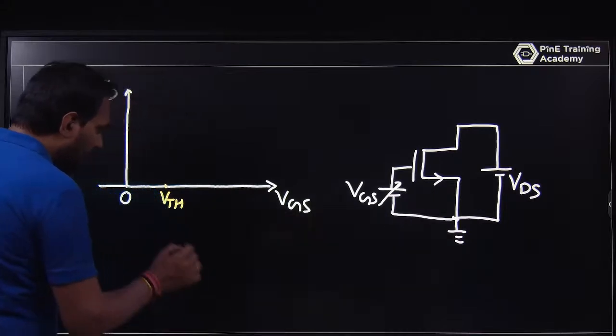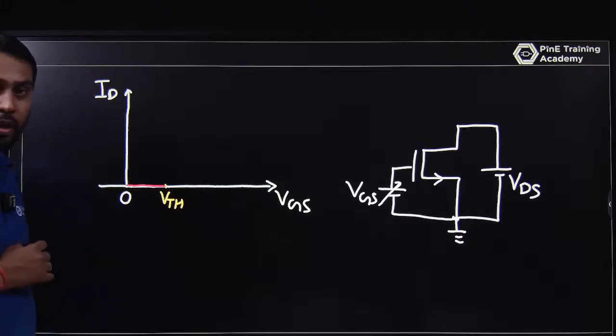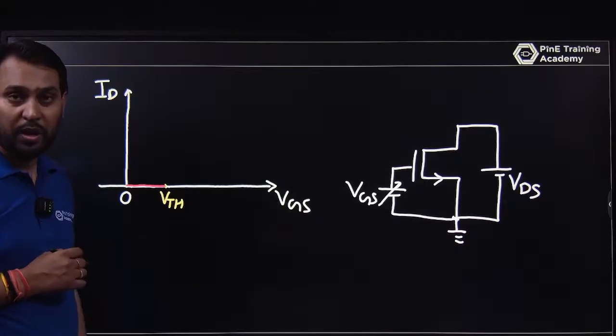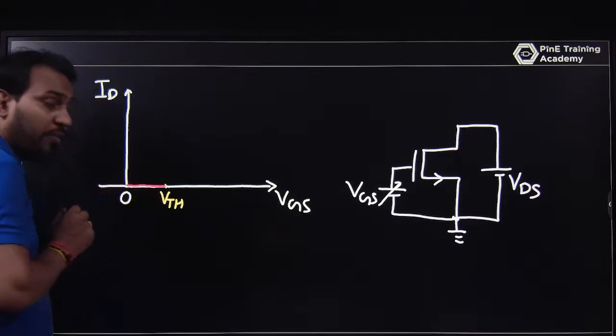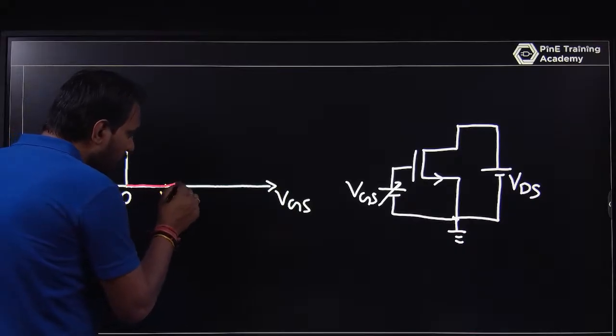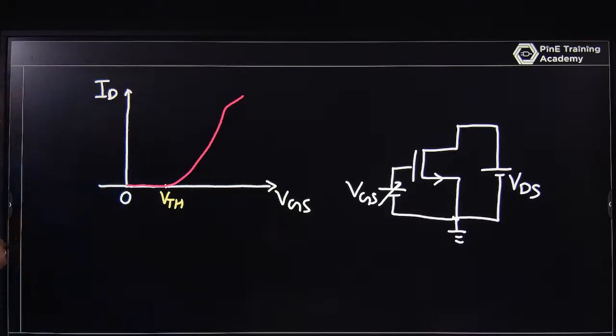the current is 0. Before VTH, ID is 0, that is called cutoff. And after VTH, the current is moving like this. So the interviewer is interested in that question.